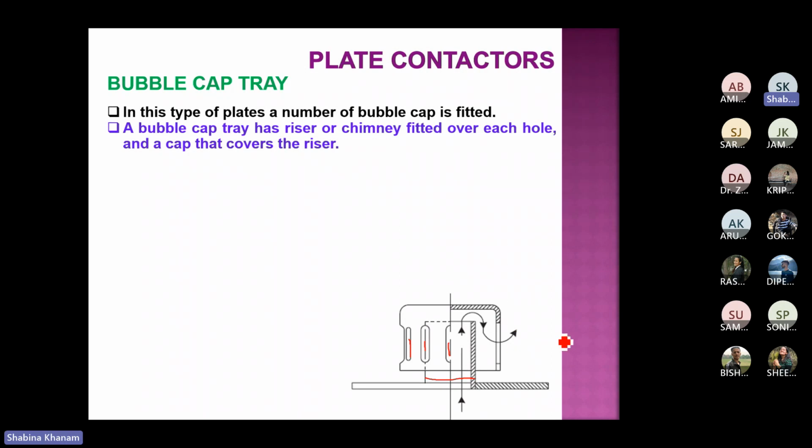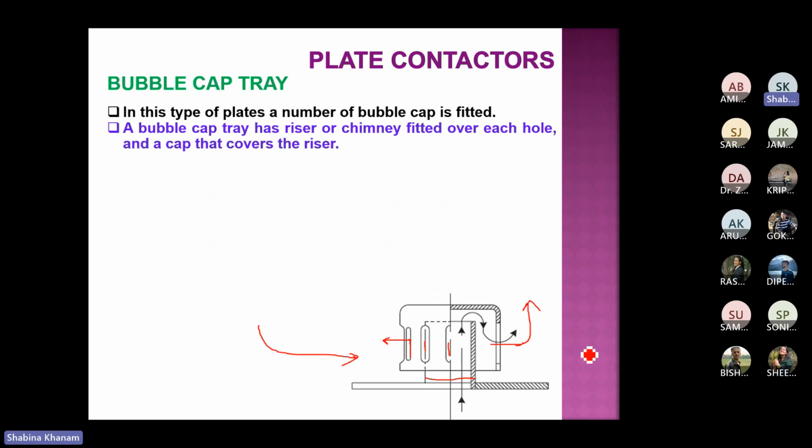It is like co-current. Or, when vapor is coming from here, it is in counter current with the liquid, because liquid is moving this way over the plate. So we can consider that vapor first interacts with the liquid in a parallel way, and then after that it will move upward.